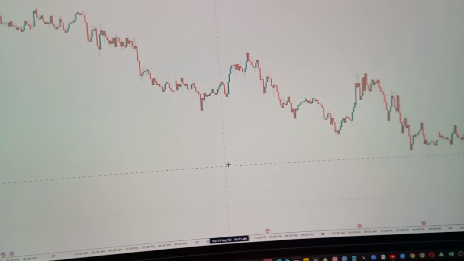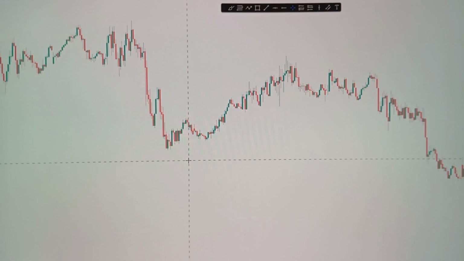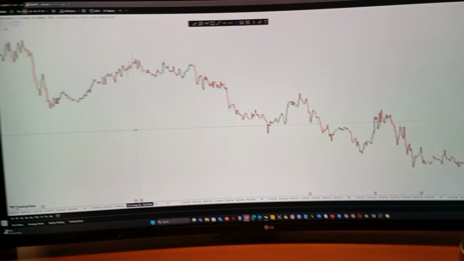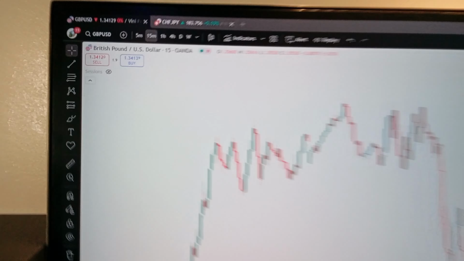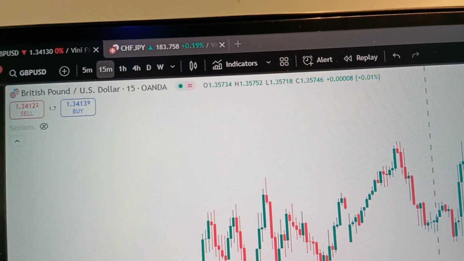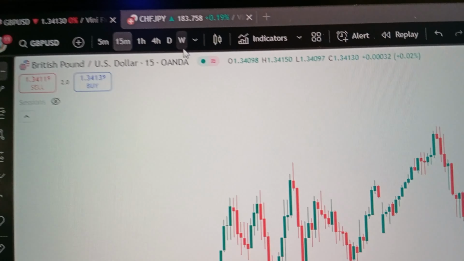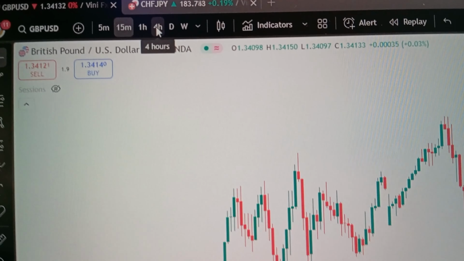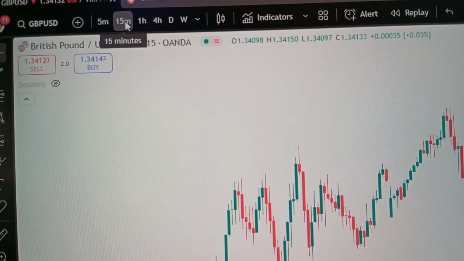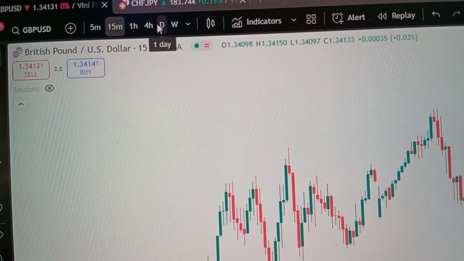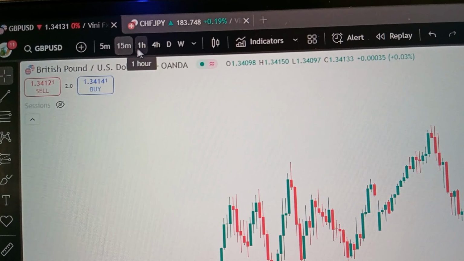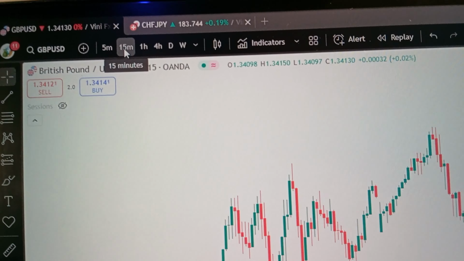Okay, so I want to teach you what is called market structure. Looking at my computer right now, this is a chart, and I am on the 15 minutes time frame. Here we have W, D, 4H, 1H, 15M, 5M. So this is weekly, this is daily, this is 4 hours, 1 hour, 15 minutes and 5 minutes.